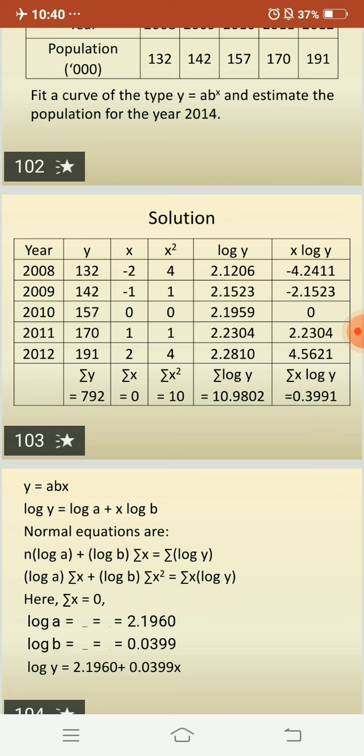Here you get the summation x log y equals 0.3991.